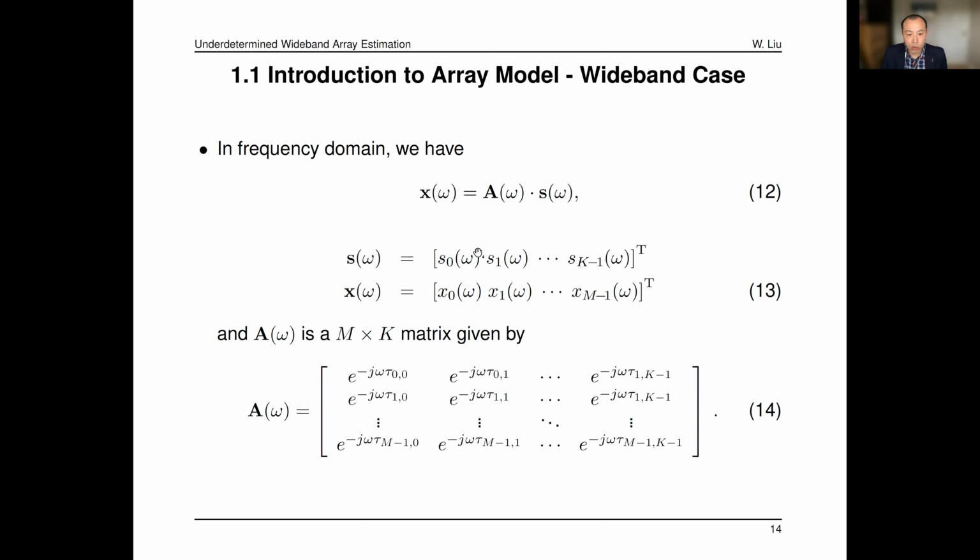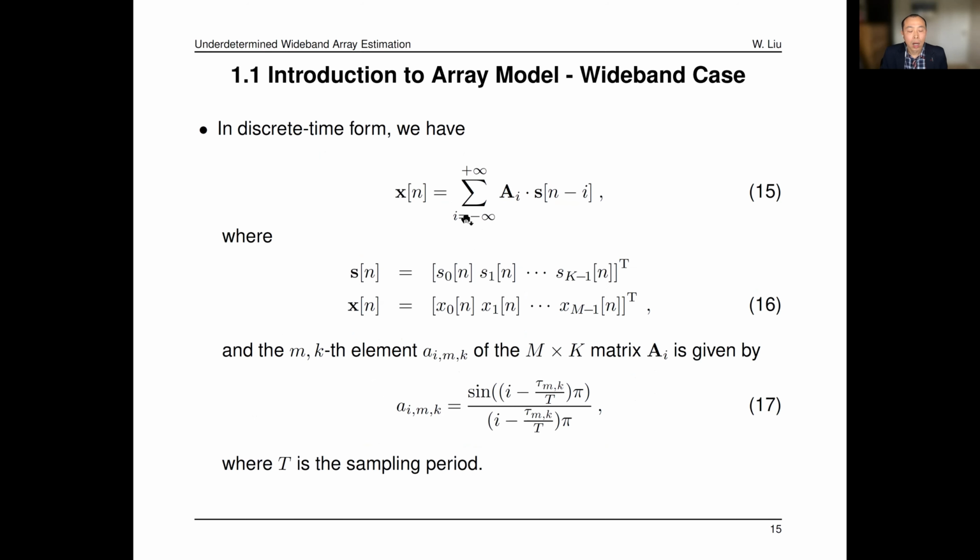So in the frequency domain we have this narrowband equivalent model, and here is the steering vector for frequency omega, for source 0, source 1, up to source K minus 1. That's the frequency domain representation.